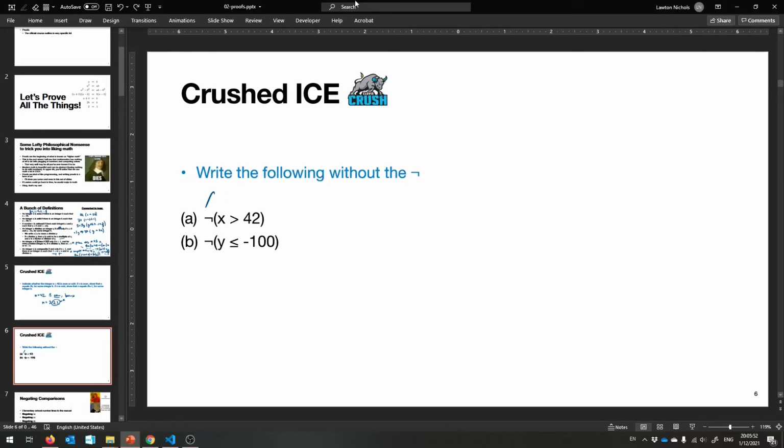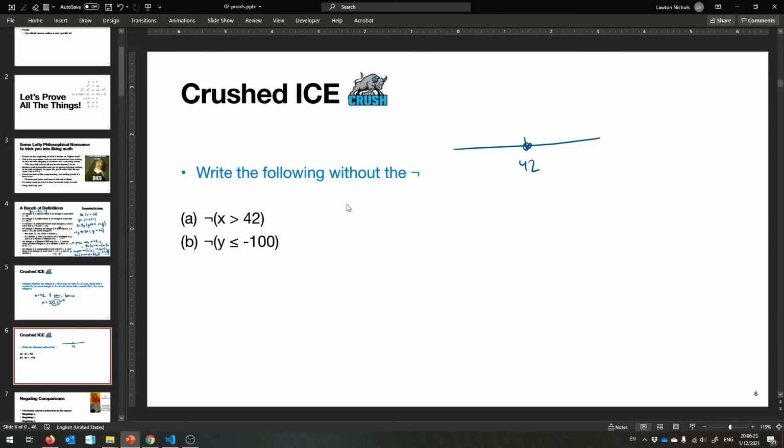What does it mean for me to assert that it's not true that x is greater than 42? How would you write this without the not? Take a second to think about that. And assuming you have, how would you do this? So here is 42, and we're saying that it's not true that x is greater than 42.